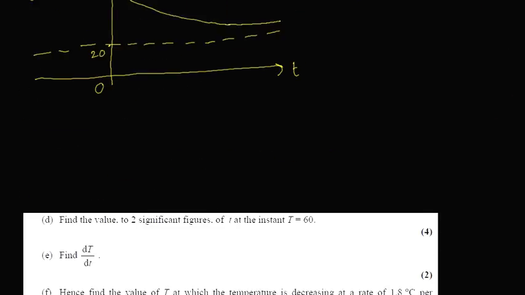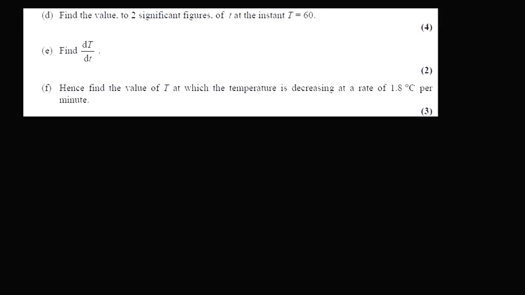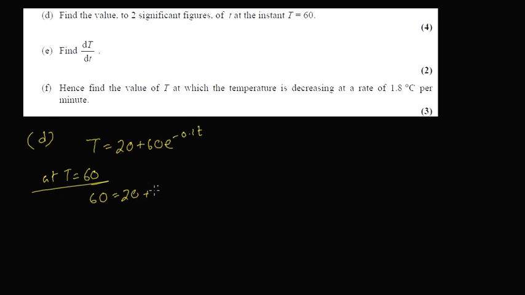Now in question number D, you have to find when y equals 60, what is the value of the time. So y equals 20 plus 60 e to the power minus 0.1 t. At y equals 60, we can write 60 equals 20 plus 60 e to the power minus 0.1 t.